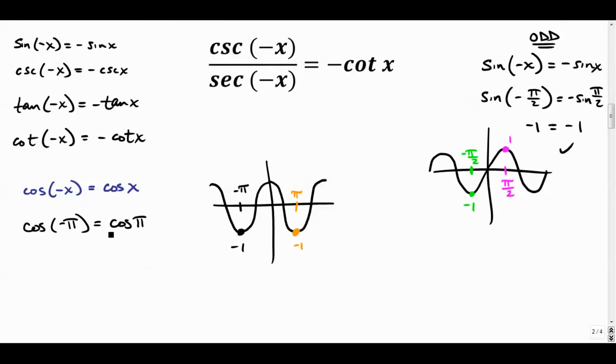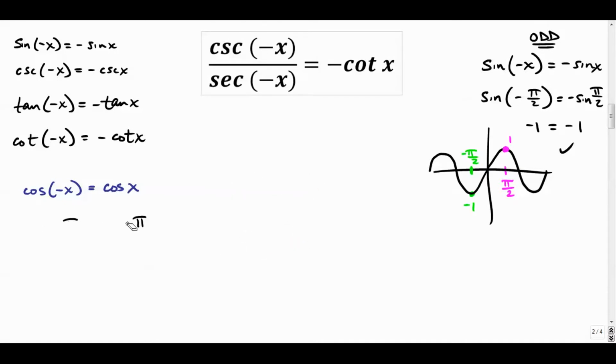All right, that's called an even function when that works that way. And guess what? If cosine has that even quality to it, then secant does too. So these are called odd functions up here, and these are called even functions down here.